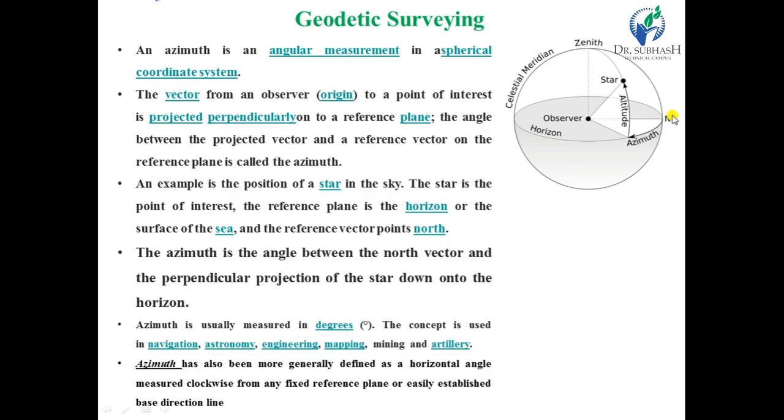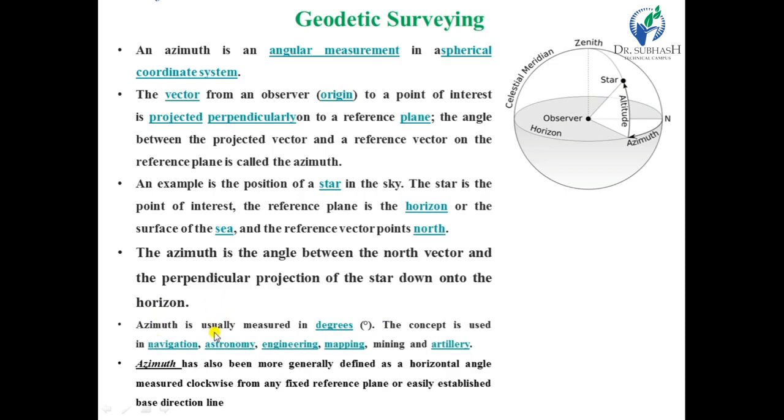The azimuth is the angle between the north vector and the perpendicular projection of the star down onto the horizon. The whole spherical surface is the horizon.